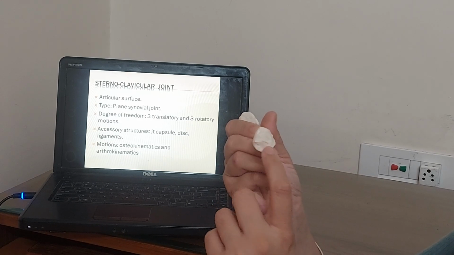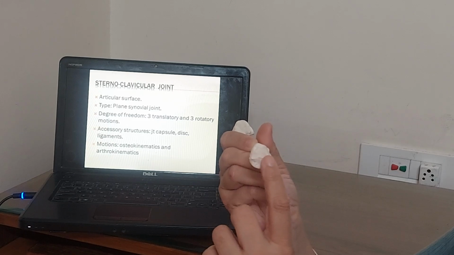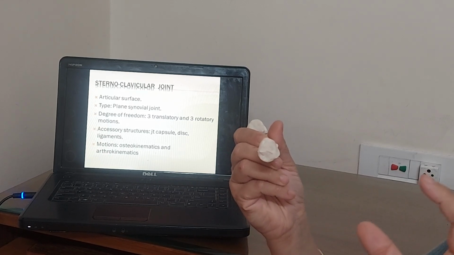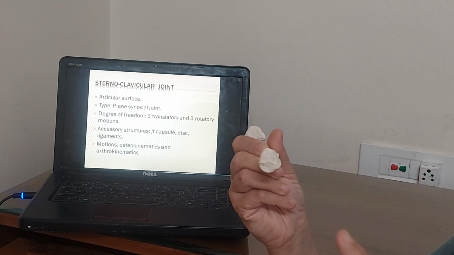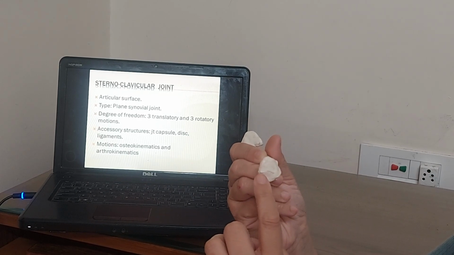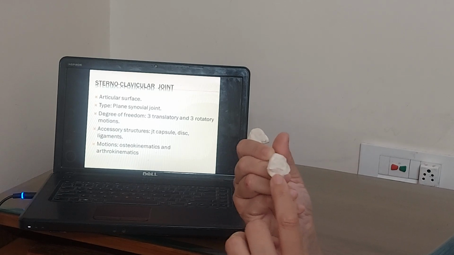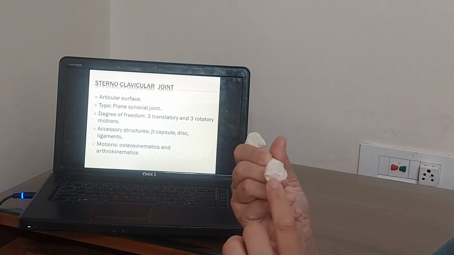Only the inferior portion is attached to the manubrium sterni, and in the manubrium sterni there is a clavicular facet on which this is attached. That is why it is given a plane kind of synovial joint variety. Why so?